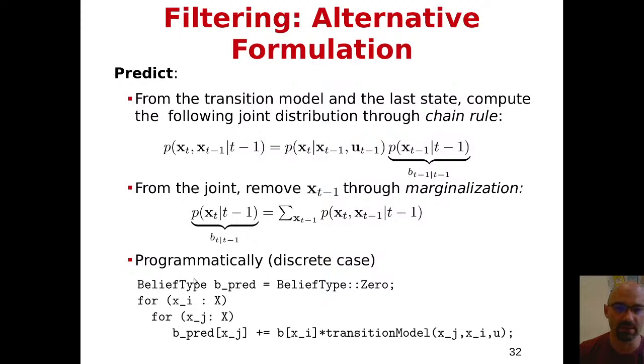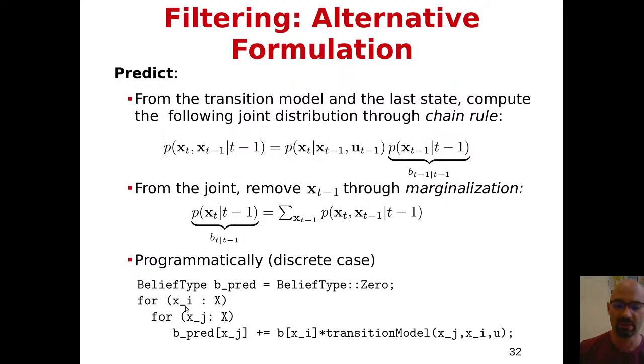If we want to express this equation programmatically, we have this fragment of program that tells you what happens. With xj, we denote the leading state, so the state where we arrive, and with xi, we denote the starting state.